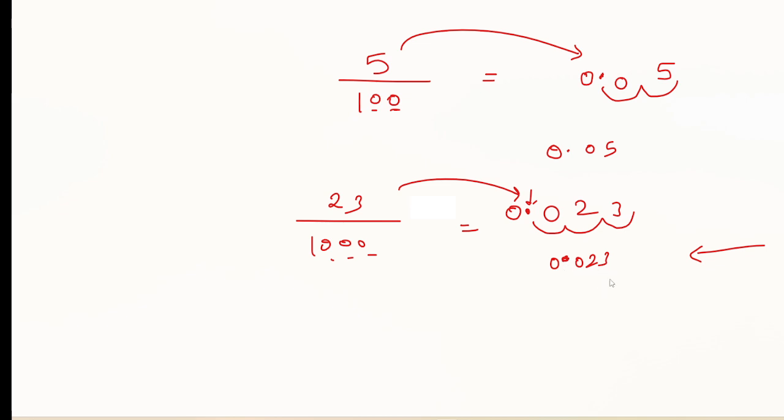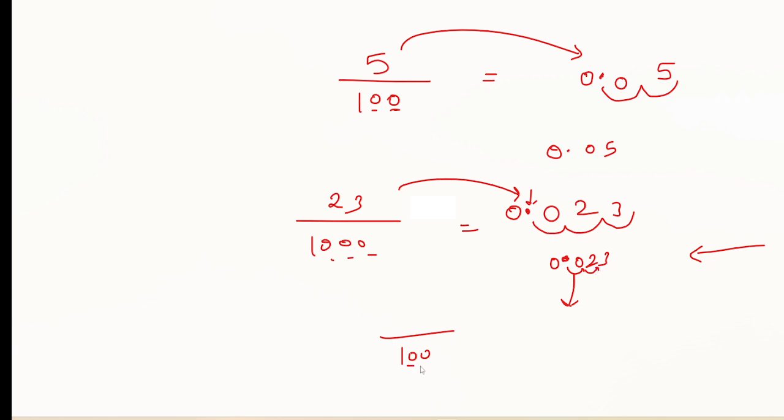Now if you have to convert it into percentage, how would you do that? 0.023. Because for percentage we need 100 in the denominator, right? So I can move it this way, 1, 2.